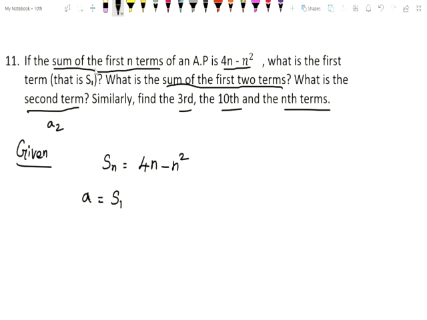Both are equal only. Equal to 4 into, here n is 1. Substitute here, 1 minus 1 square. So 4 into 1, 4 minus 1 equal to 3. So therefore, first term equal to 3.